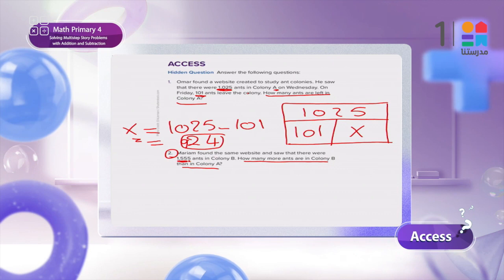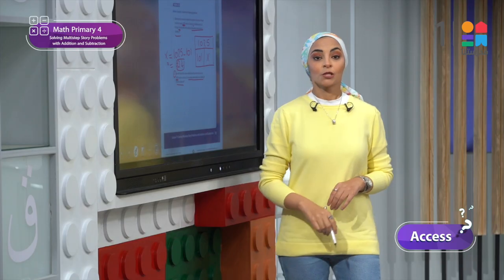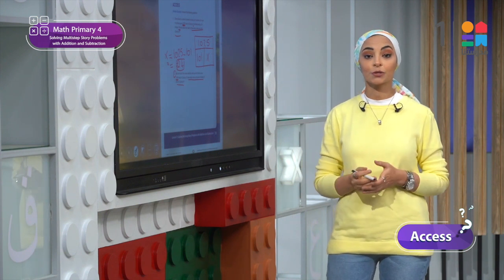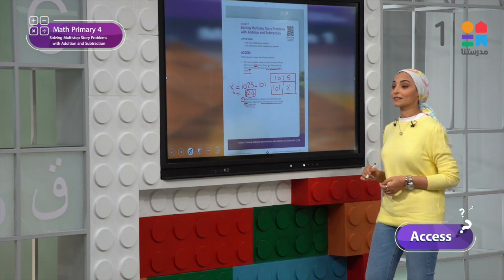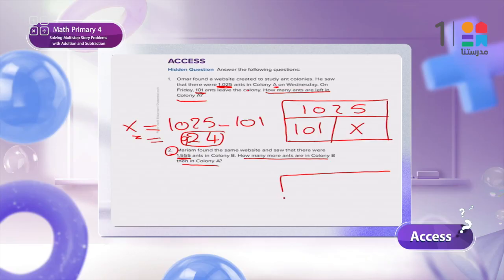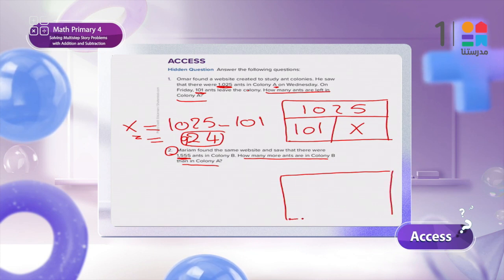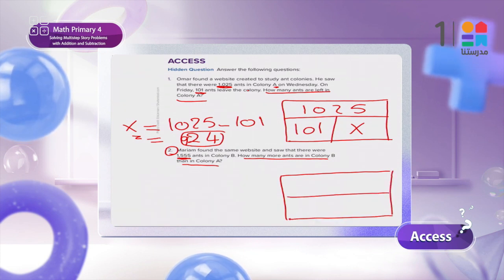She circled the number, then she underlined the question, to calculate how many more ants there are in colony B than in colony A. She realized that colony B would be the whole, like you see here, so colony B is the whole number, which is 1555.